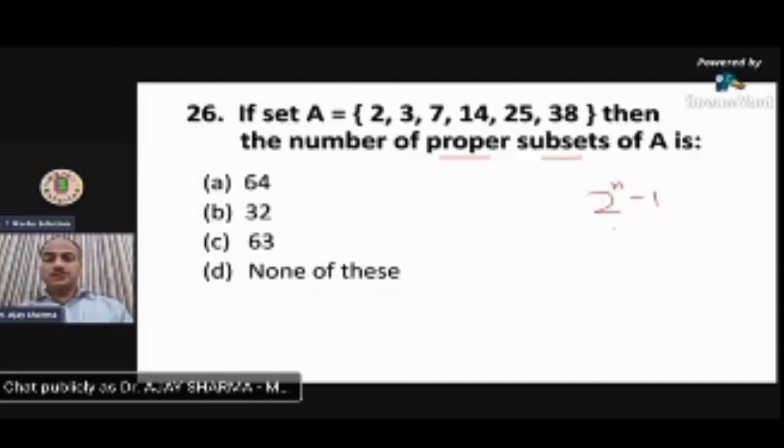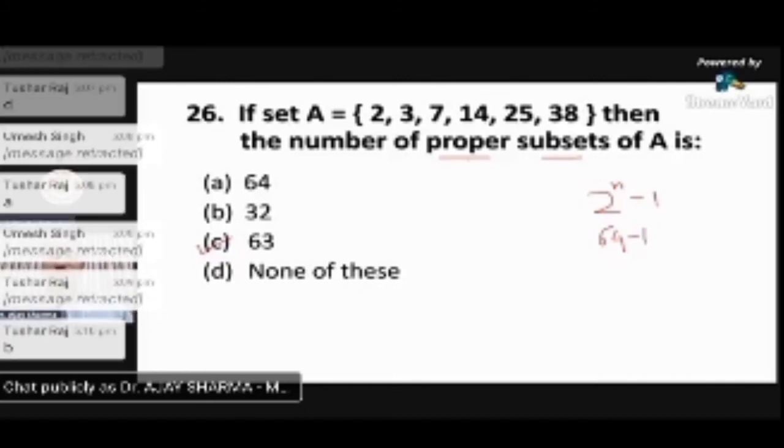So 2 raised to the power 6 is 64, and 64 minus 1 gives us option C. So option C is correct. 2 raised to the power n is the number of total subsets, but for proper subsets we subtract 1.